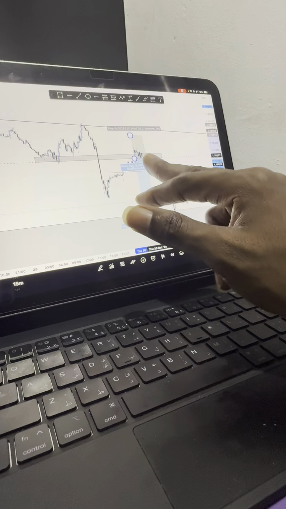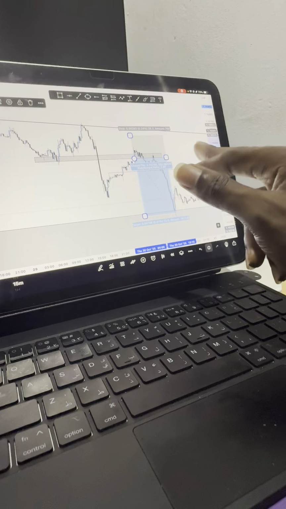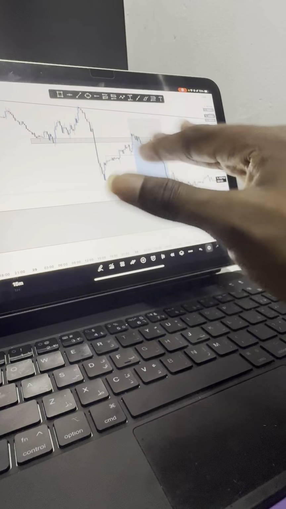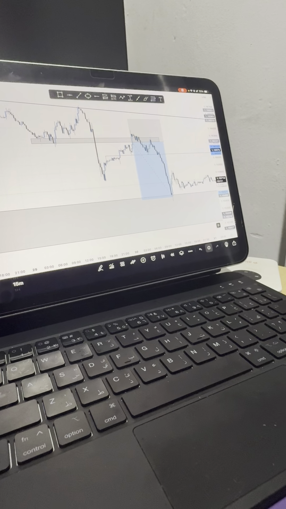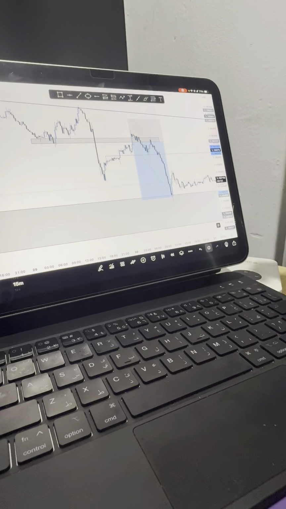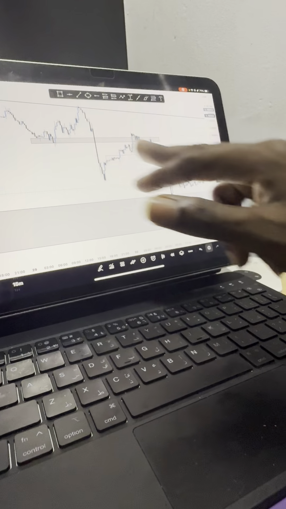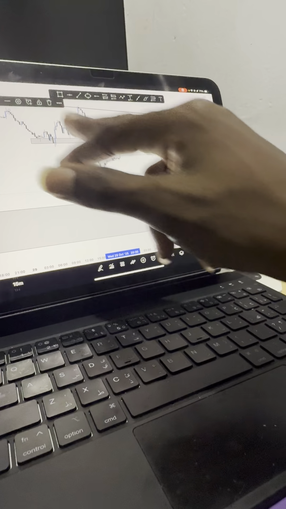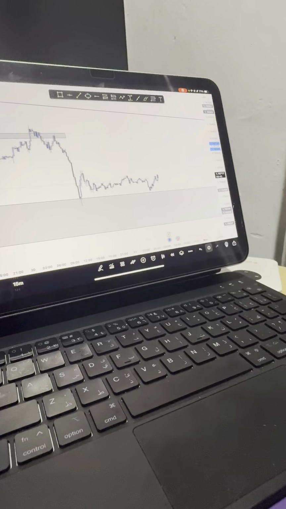At the end of the day, the spike will not even come to my SL, but it's normal for you to enter a trade and move in some negative direction a bit, then start to go your direction. Do you understand? That's a normal thing in trading. You can't just enter the market and start going your direction. It's not possible. Sometimes the market will move in your direction and start moving nicely.